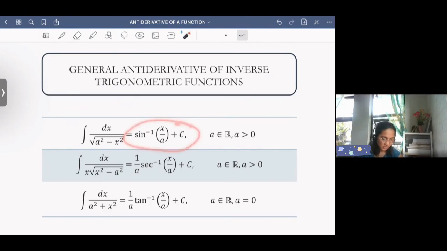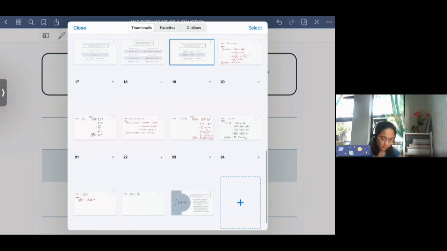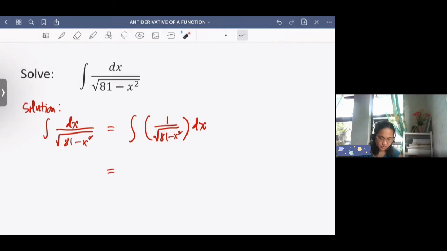So as you can see, based on the given example, a squared is equal to 81. So, if we are to transform this into a squared, our 81 will be 9 squared.